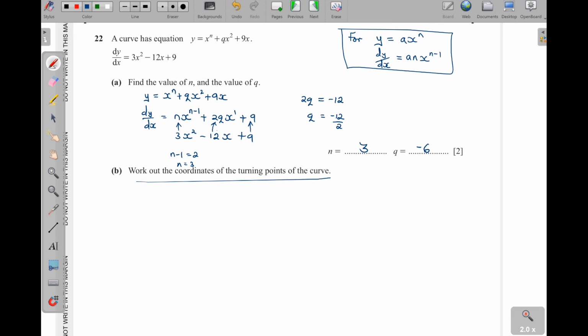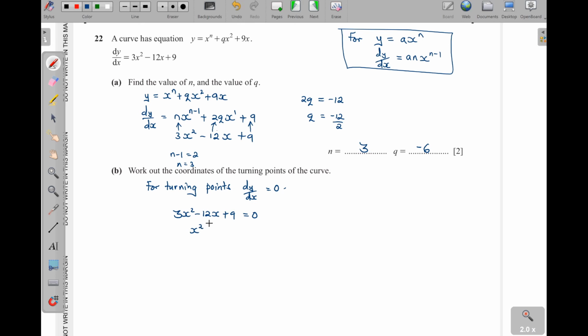Work out the coordinates of the turning points. We know that for turning points, dy/dx is always equal to 0. So we get 3x squared minus 12x, then plus 9, we equate it to 0. We can divide all through by 3.